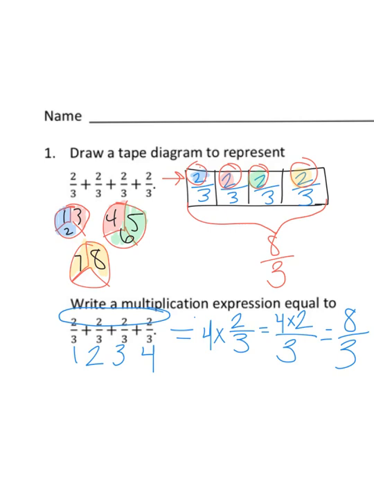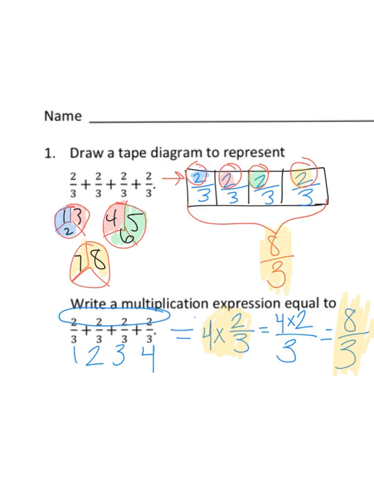Okay, so this multiplication expression of 4 times 2/3 equals 8 thirds, just like the repeated addition in the first part of 2/3 plus 2/3 plus 2/3 plus 2/3 equaled 8 thirds.